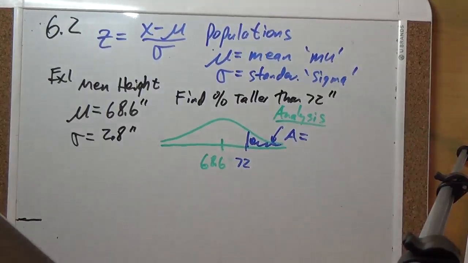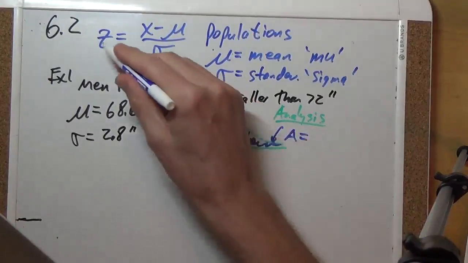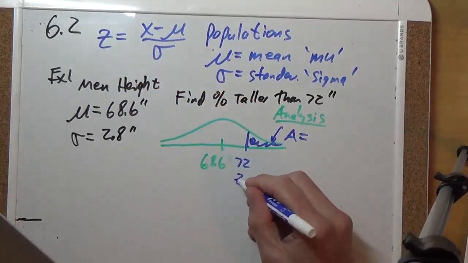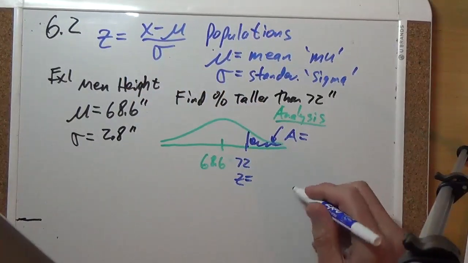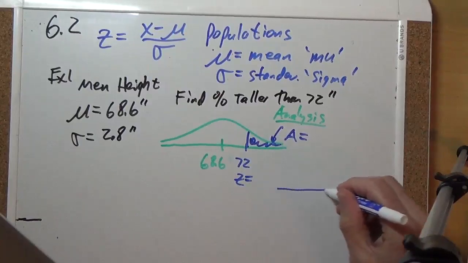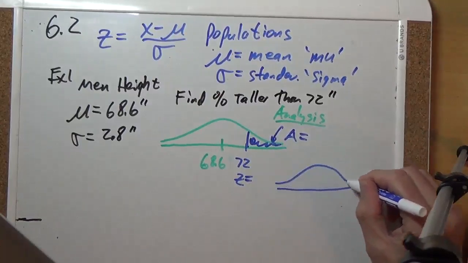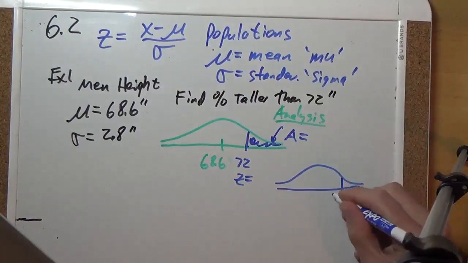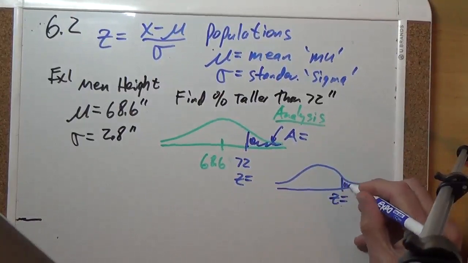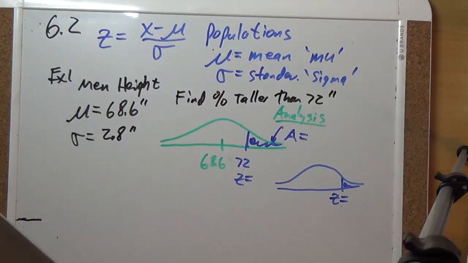So really what I need to do is convert this to z. So I want this z-score. Once I have the z-score, then I can find the area that I want. So let's find z.